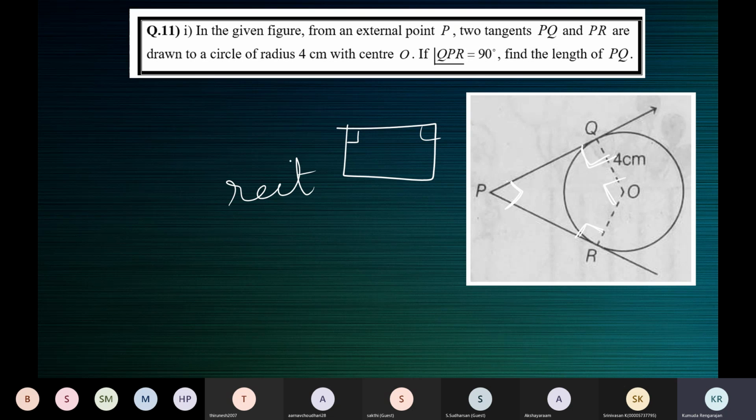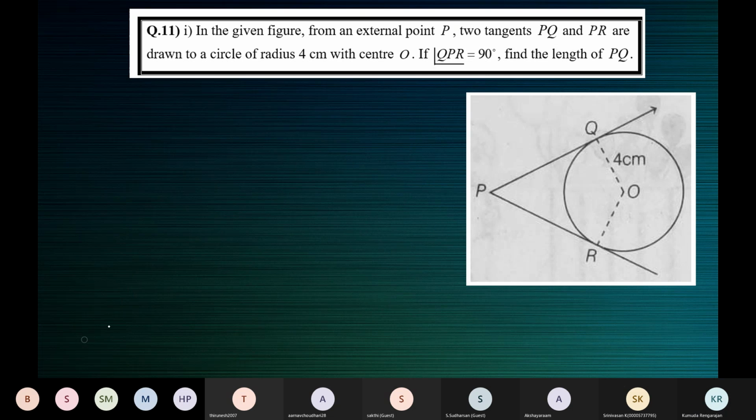It can be a square. These are the only two figures where every corner is a right angle: in a rectangle and in a square, every corner is a right angle. But you can't say it's a square straight away, but you can definitely say it's a rectangle. But when is a rectangle called a square? When one pair of adjacent sides is equal.